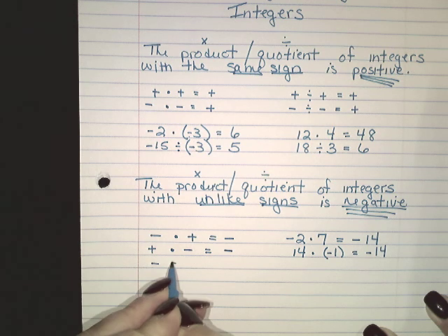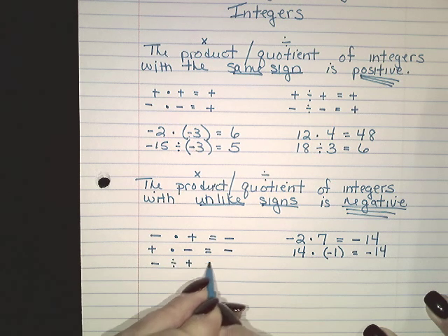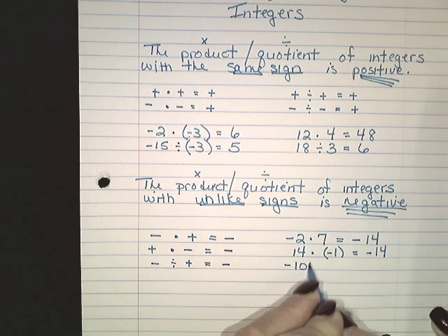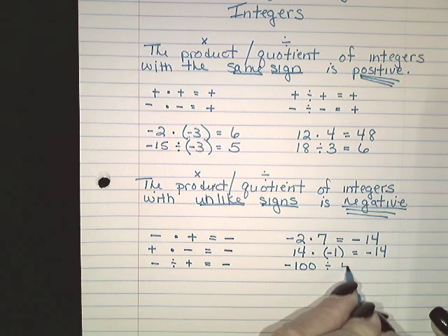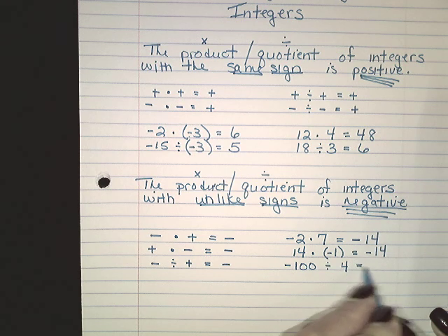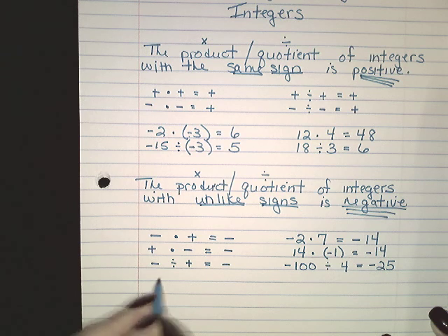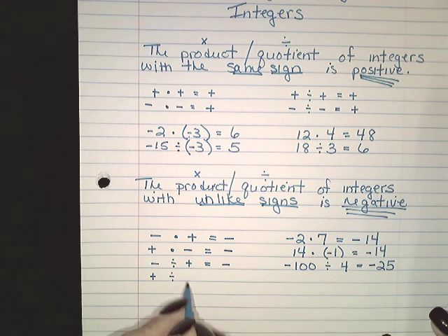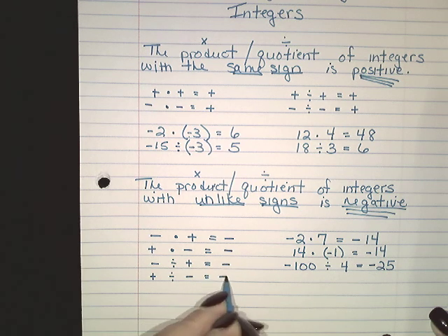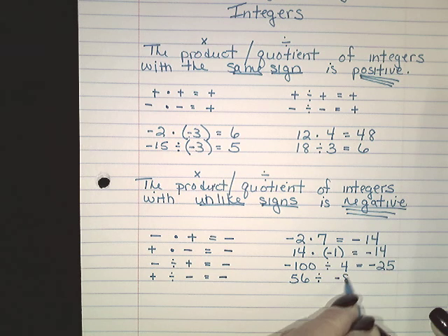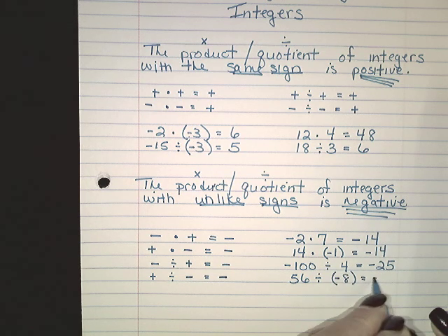A negative divided by a positive is going to equal a negative. -100 divided by a +4 is going to equal -25. And a positive divided by a negative is going to also equal a negative. So 56 divided by -8 is going to equal -7.